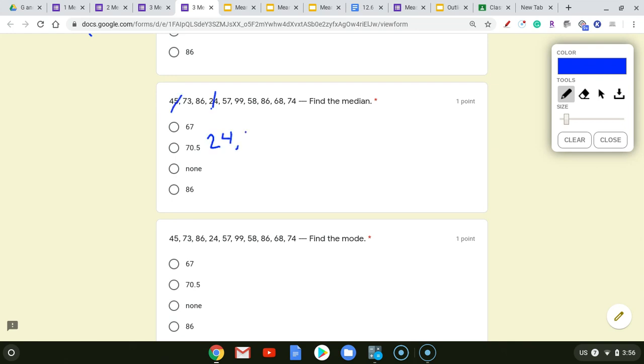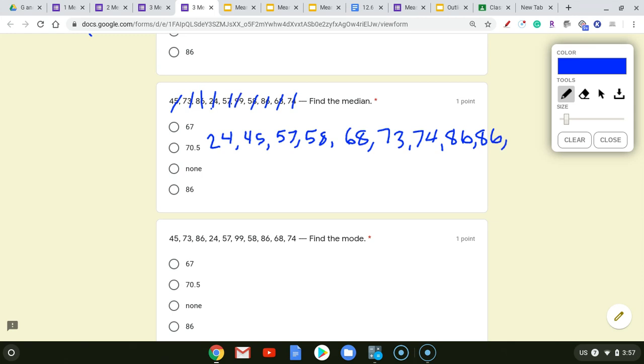Then 45, 57, yep, then 58, 68, 73, then 74, 86, and 99. Now, before I do anything, I make sure I have 10. 1, 2, 3, 4, 5, 6, 7, 8, 9, 10.